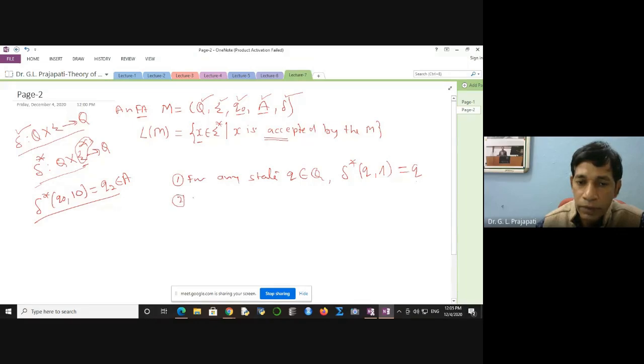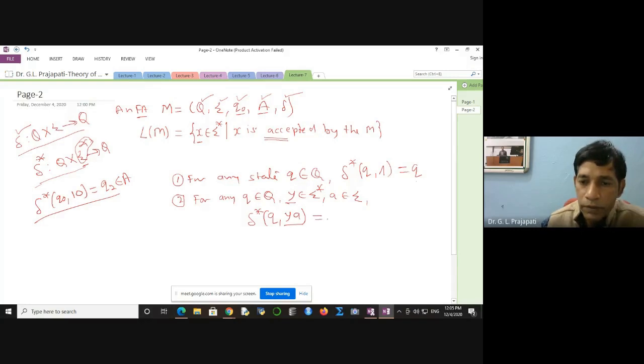Second, for any q belonging to Q, y belonging to sigma star, and a belonging to sigma, delta star of q, y a: you are at q, y is from sigma star, and a is from the input.